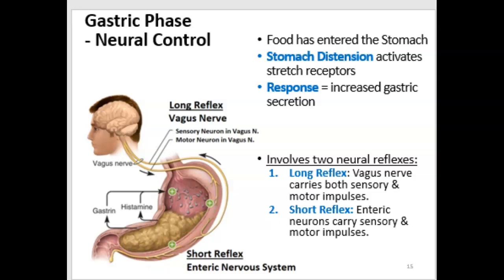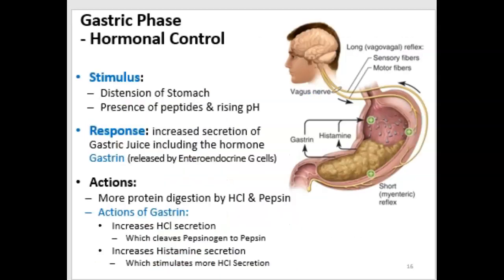Now the gastric phase is also controlled partly by hormones. In this case, we're still going to increase the secretion of gastric juice, but the stimulus is a little bit different. Hormones are going to be released by those enteroendocrine cells, but first they have to be stimulated to do so.